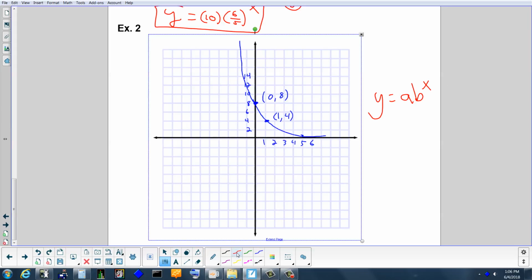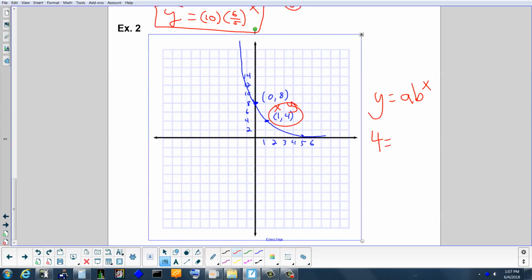So I want to make sure I'm going to use this other coordinate, right? Remember, we're going to go in alphabetical order. Here's my x, here's my y. So y would be 4.